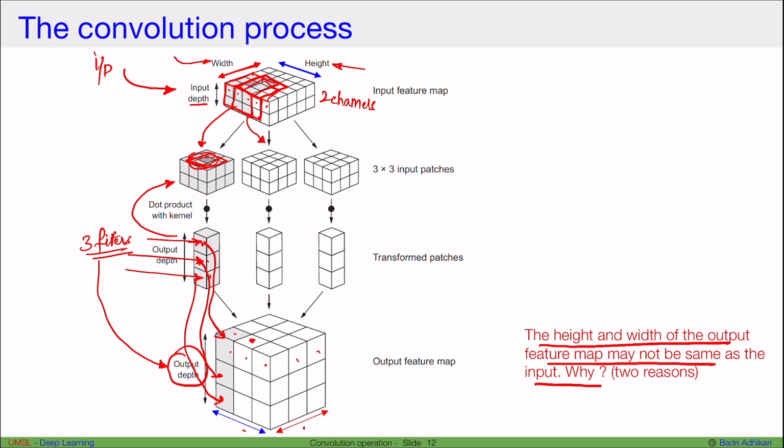The first reason could be that here in this case, our height and width are 5 by 5, and our output is 3 by 3. The reason why the output and input do not have the same size is because of our kernel size.